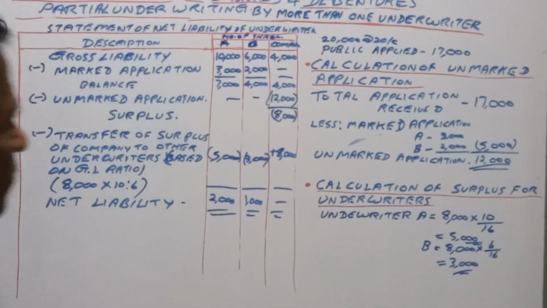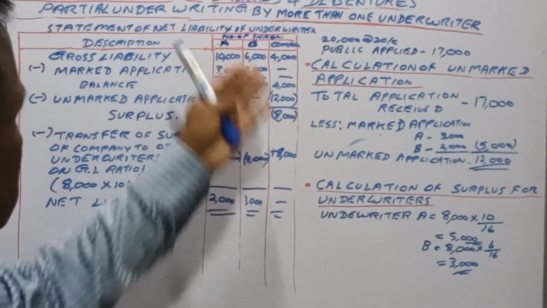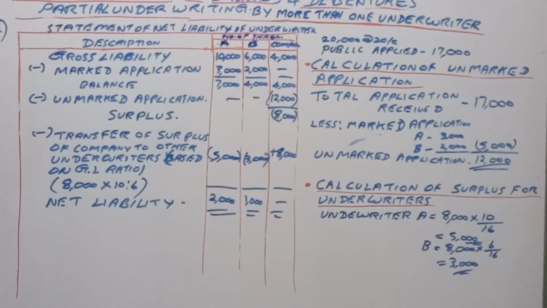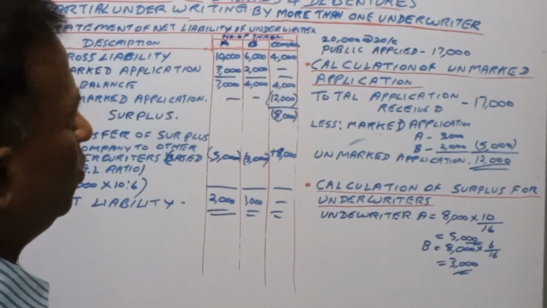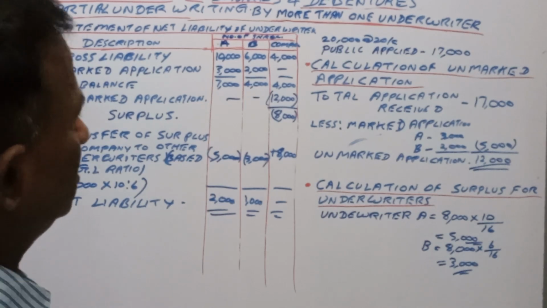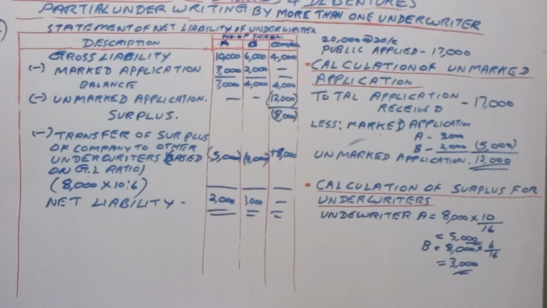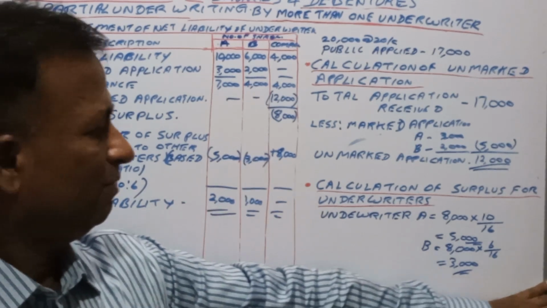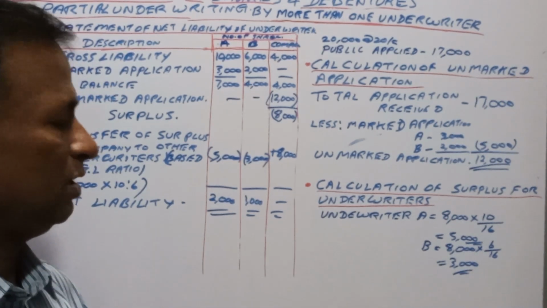So 2,000 and 1,000 is the net liability for A and B. So we have seen partial underwriting by more than one underwriter. I think you would have got it. Please go through this again and again, then you will get a good picture of it.